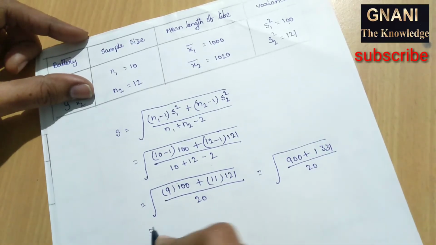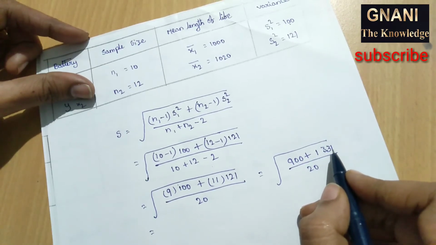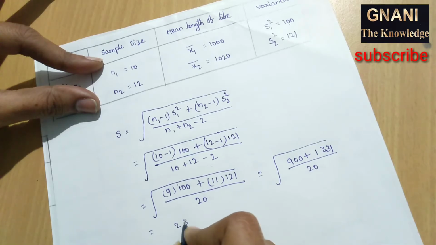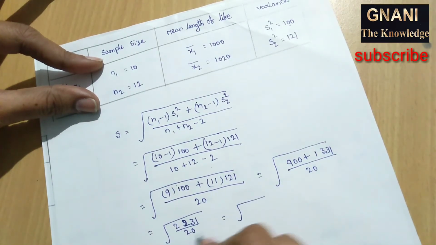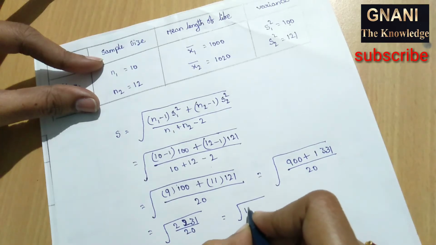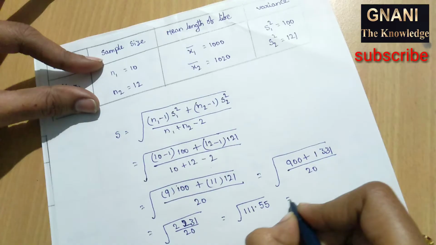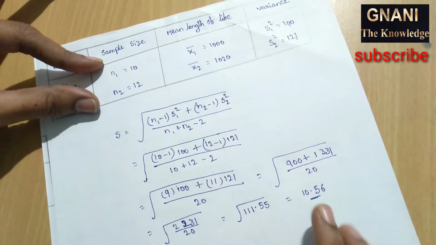So 900 plus 1331 equal to 2231 by 20, which is 111.55. The square root is 10.56. This is the standard deviation value.